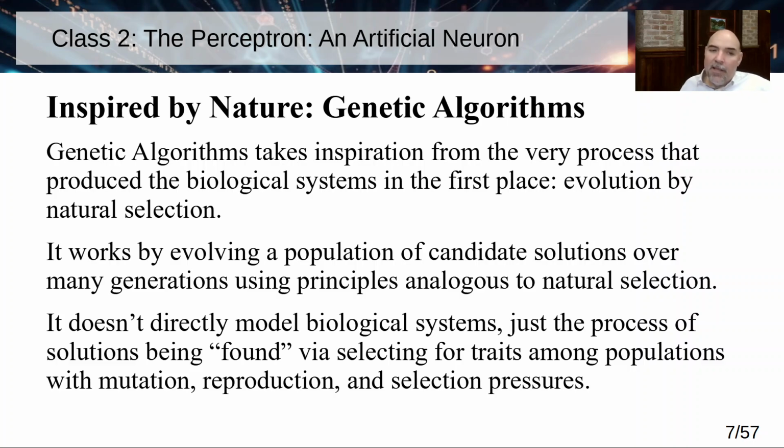Over time, and with lots of generations and lots of populations, we get remarkably complex, remarkably optimal solutions, where you end up with things like house cats being the ultimate killing machine. In genetic algorithms, we can use that same thing to design a solution to any kind of problem, as long as we know what traits we're selecting for. That's the major difference between genetic algorithms and natural selection: we get to choose what we're selecting for.